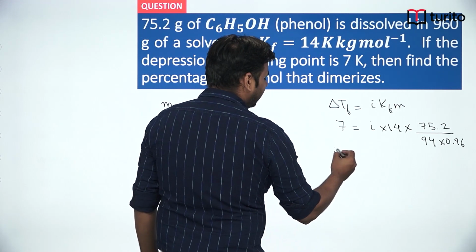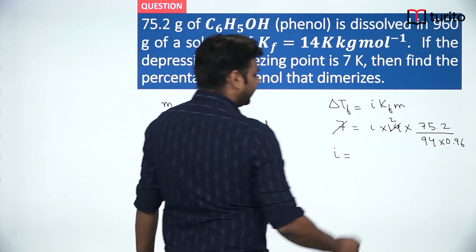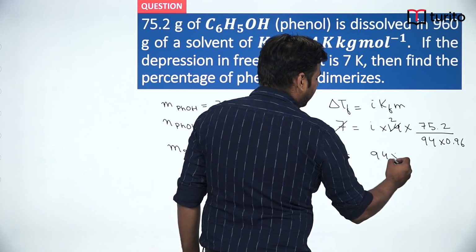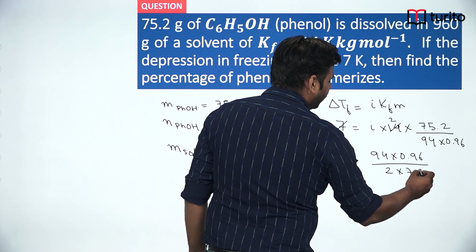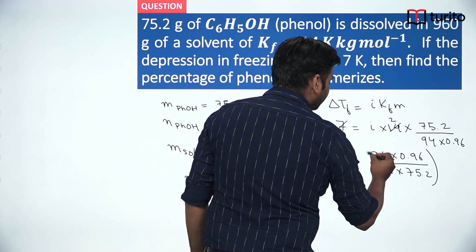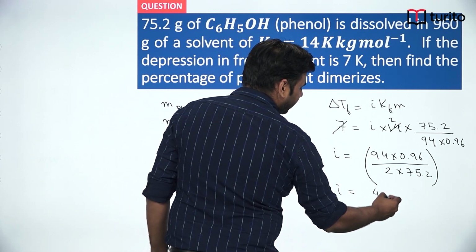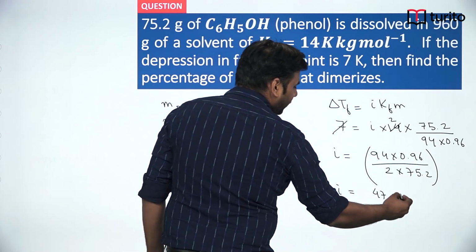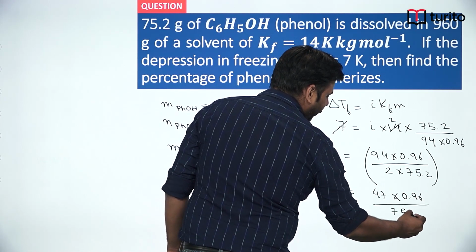So from here I will get the value of i. So this is 7 into 2 is 14. So i is 94 into 0.96 divided by 2 into 75.2. I can write this as i equals 47, just cancelling the 2, into 0.96 divided by 75.2.